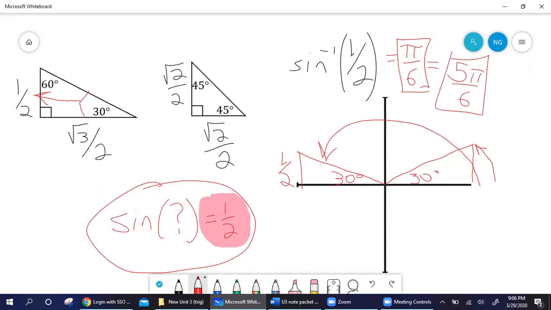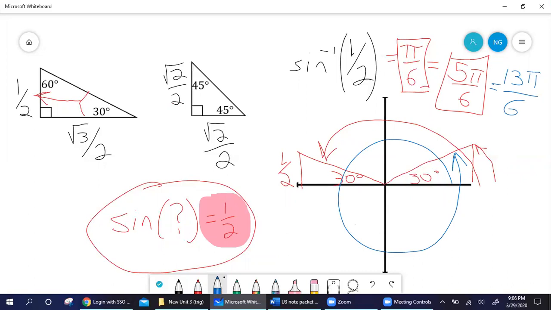The ones down below wouldn't work because sine is negative there, but I also could do a full rotation and land back here, which would give me 13π/6. And I could keep on doing this. I could spin and land over here. I could always keep spinning and getting more answers.